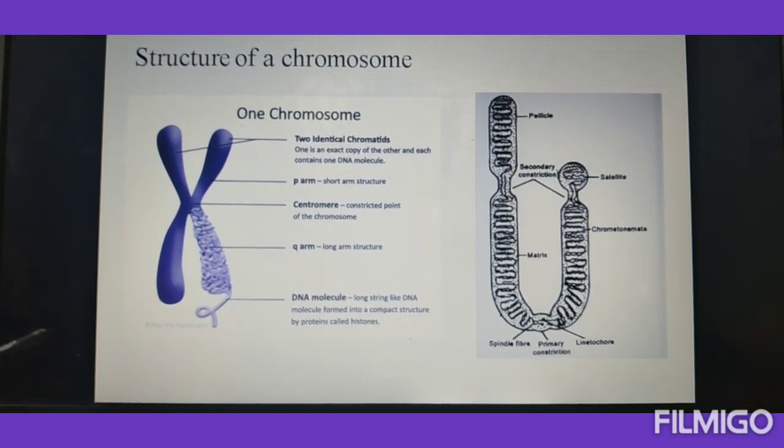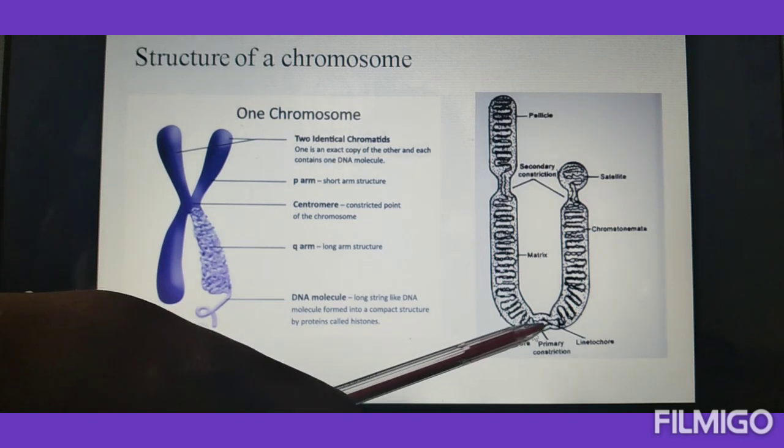We know spindle fibers are formed at the metaphase stage, hold the chromosomes and align them on the equatorial plate. So spindle fibers get attached to the chromosome at the centromere region during cell division. So this is the primary constriction or centromere.